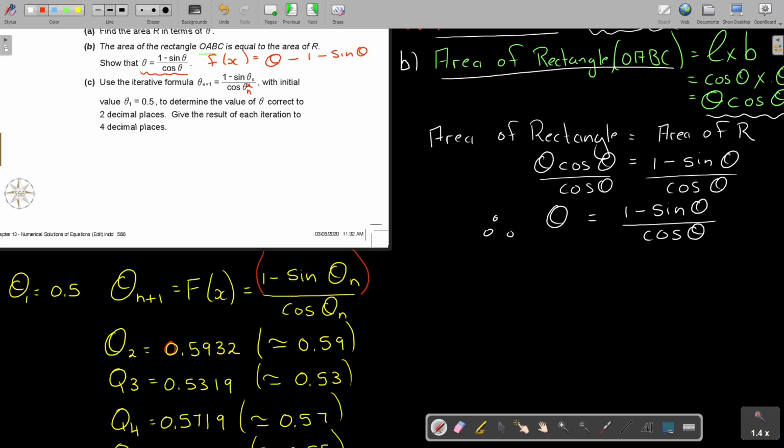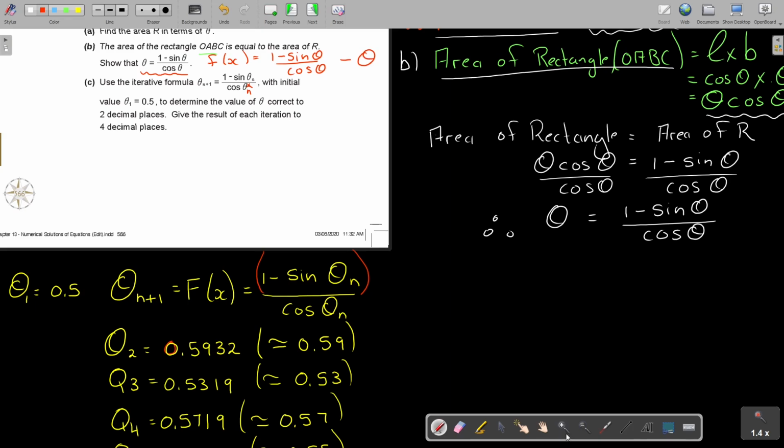Sin theta over cos theta. Or maybe I'm going to rather do the other option, where I leave this on this side. So 1 minus sin theta over cos theta, and I bring this extra theta just over. Okay, let's work with that one.